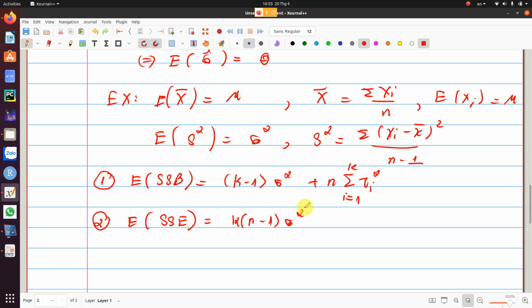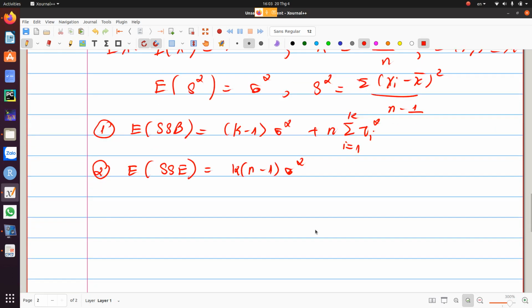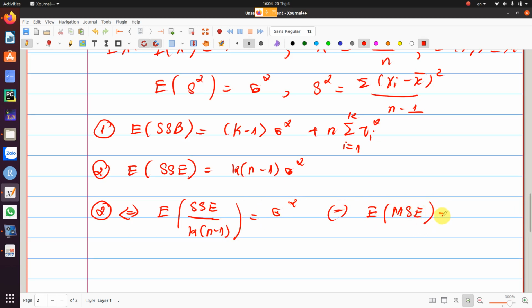So let's see if we can recognize this. We can start from equation 2. Equation 2 is equivalent to, if I divide both sides by kn minus 1, E of SSE over kn minus 1 equals sigma square. Equivalently, E of MSE equals sigma square.